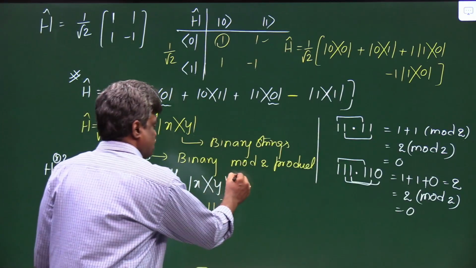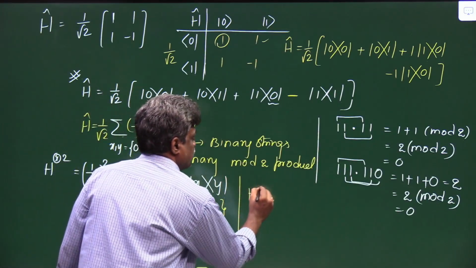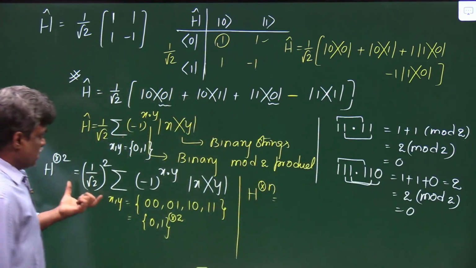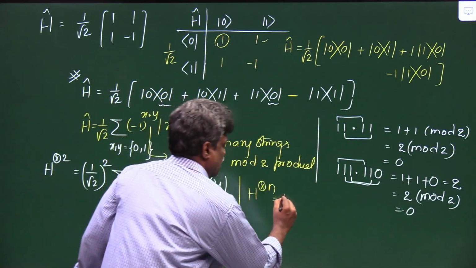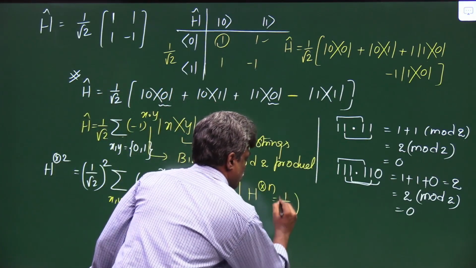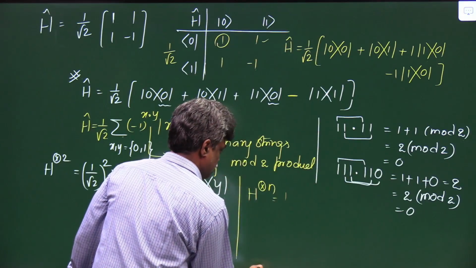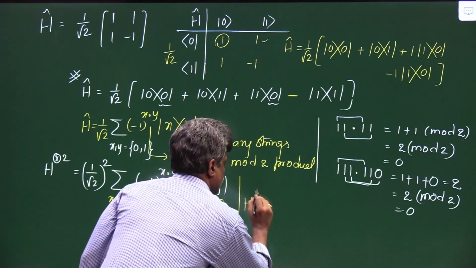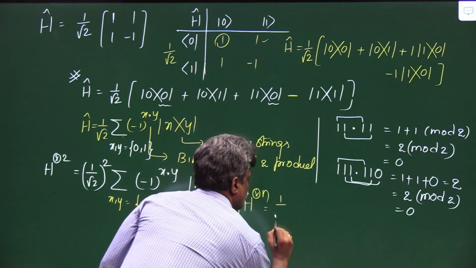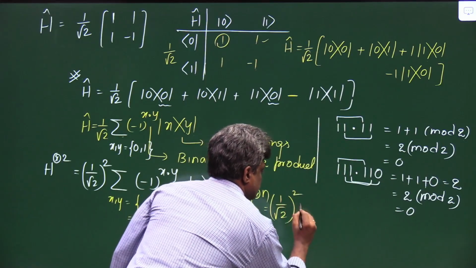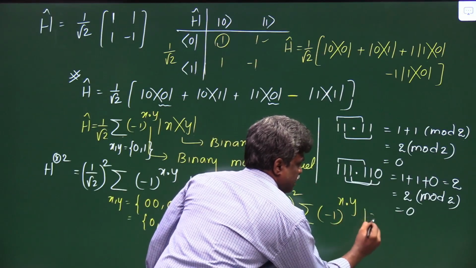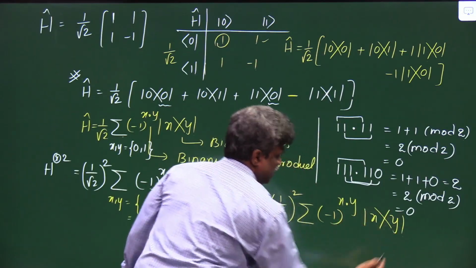And if you generalize this, we can write for n qubits. Quite similar, just take 1 over root 2 whole power n, summation as usual, minus 1 whole power x dot y, and this is the outer product of x and y.